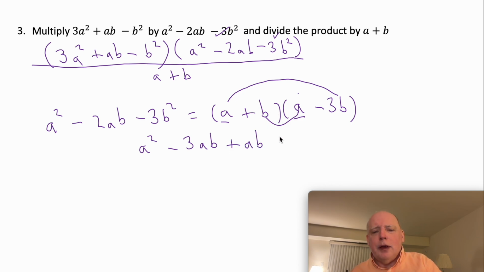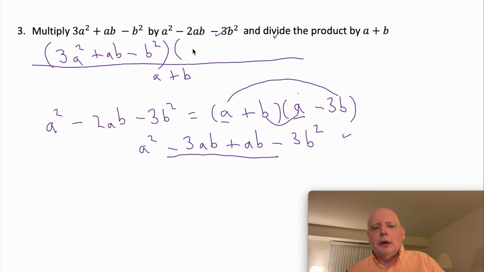And the last gives us b times minus 3b, which is minus 3b squared. And we can see that these two terms combine. Minus 3 plus 1 gives us minus 2ab. So this works out. So these really do factor this way. So we can write this as a plus b times a minus 3b. And that allows us to cancel.